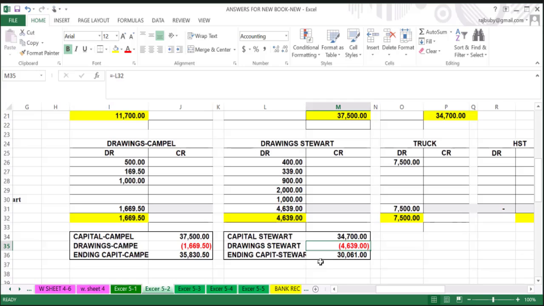First, determine the fraction from the ratio. Add 3, 2, and 1, you get 6. Thus, 6 becomes the denominator of the fraction. The numerators are the numbers in the ratio. We get 3 divided by 6, or a half, 2 divided by 6, or a third, and 1 divided by 6 for Abdullah. That's the way they are going to do it.